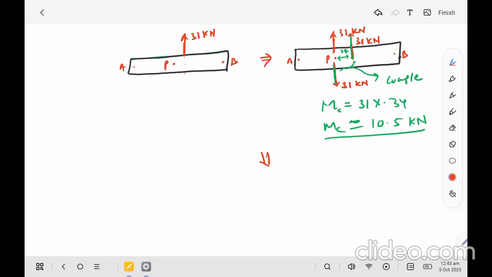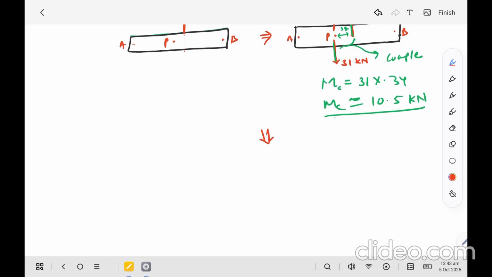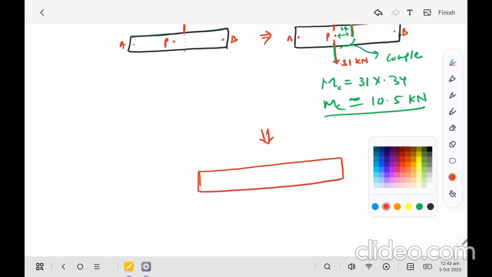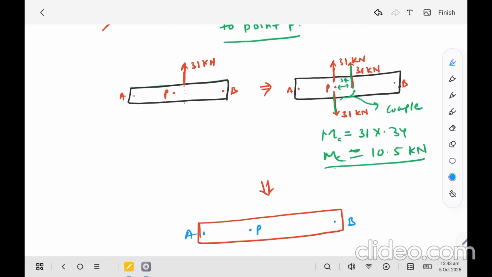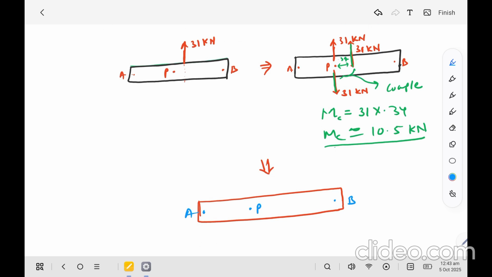So in this way, this is point A and this is point B, and now this is point P with one force.